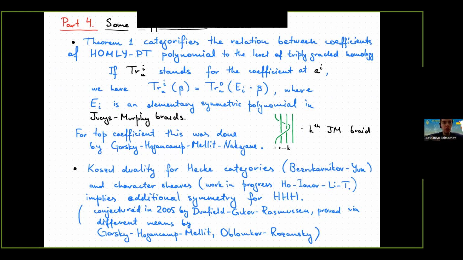For this top coefficient, this was done by Gorsky, Hogancamp, Mellit, and Nakagane. So this is a categorification of this relation to the level of Khovanov-Rozansky homology, and we just extended it to all other coefficients.